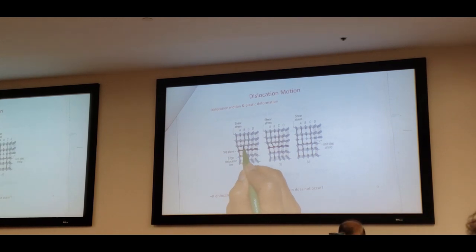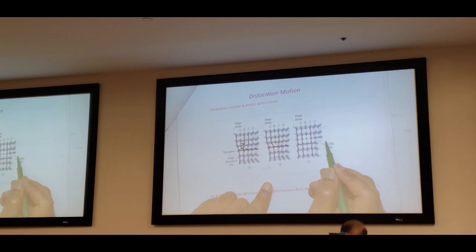And what happens? At some point, these atoms can move to here, and these atoms can move to here. This becomes the half plane. The B plane becomes a half plane. Did you get it? This atom can bond with this one, and that incomplete plane moves from this point to this point. Look at this one here, it is moved from this point very easily.